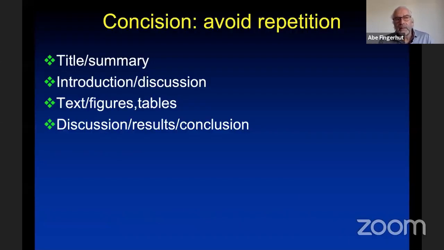Let's take a look in detail at what these three pillars mean. First, concision. The easiest and most frequent mistake that we make is repetition. We repeat the same words in the title, in the summary, in the introduction, in the discussion. Every time I write a paper, one of the main goals that I have, not when I'm writing, but when I revise it, is to make sure that I avoid useless repetition.